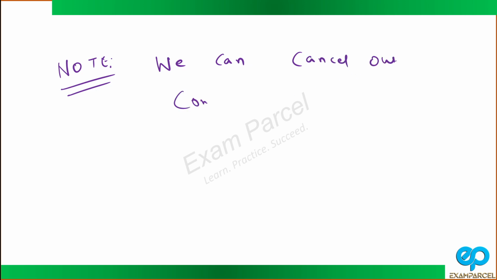Okay, so you can note down as a point as well as a note that we can cancel out a common factor. And this common factor is known as cancellation factor. Now this is not a hard and fast name. You can name it any way you want.